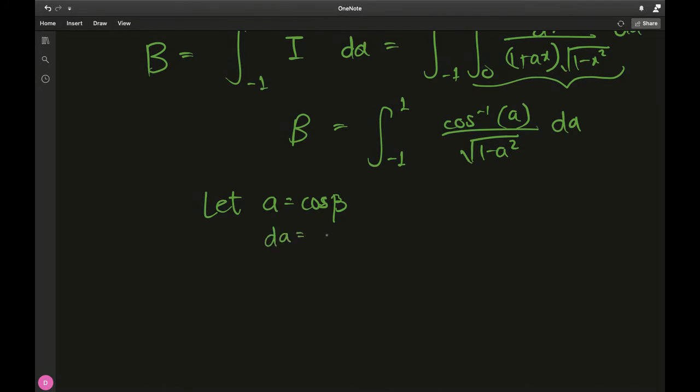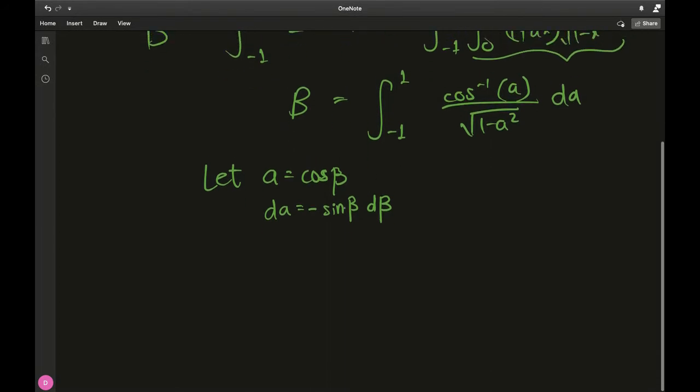Then dA would be negative sine beta d beta. Always confused with the b's, but okay. So when is a cosine of some angle negative 1? Well, there are many possibilities, right?